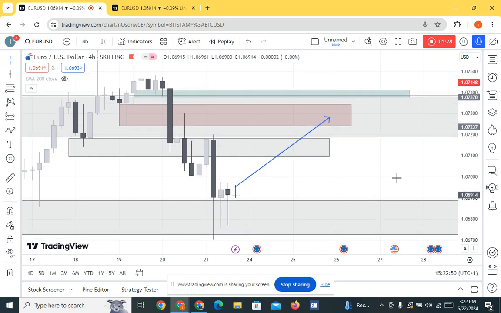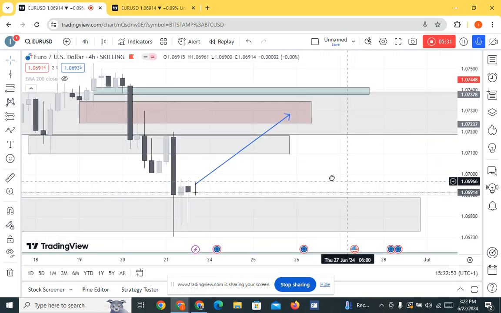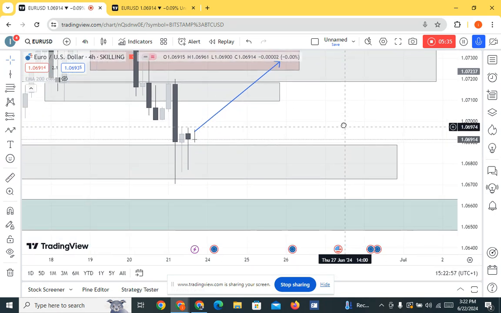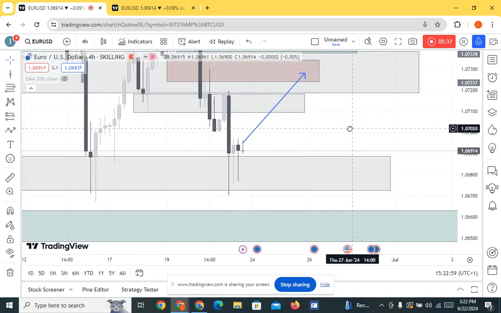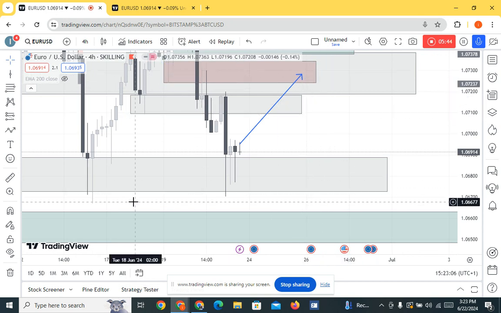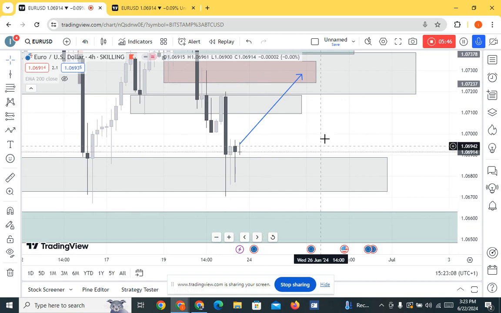Then when I get bearish fair value gaps going lower, I wait for price to trade into it. When price does that, I can take my entries on the 15 minutes, targeting this low and eventually this low as well.